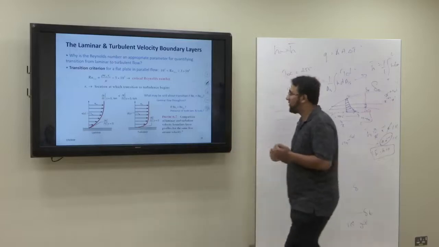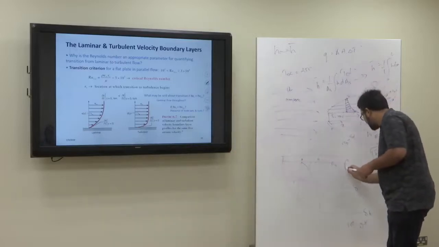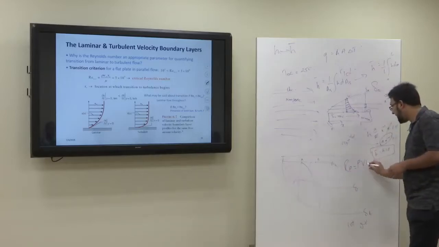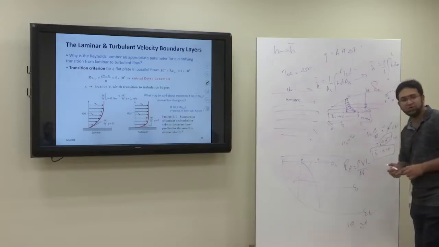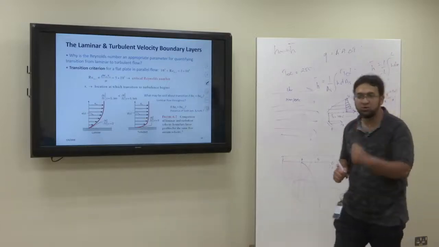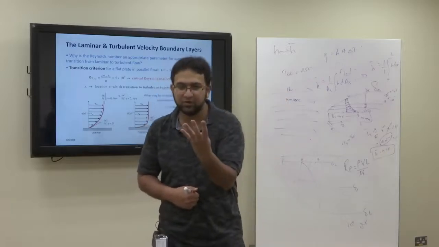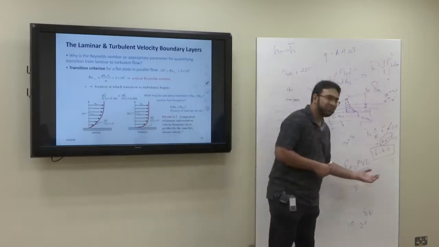So what is this Reynolds number? So the Reynolds number is basically rho v L upon mu. So in order to determine whether a flow is smooth or not, you have to consider 4 parameters of the fluid. First of all, you should know what is the density of the fluid.